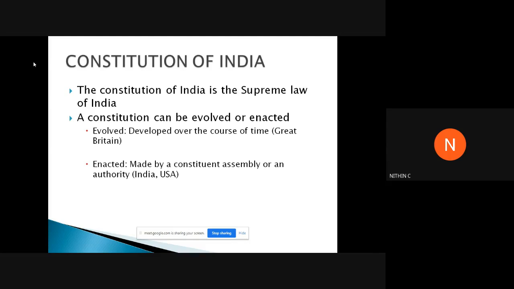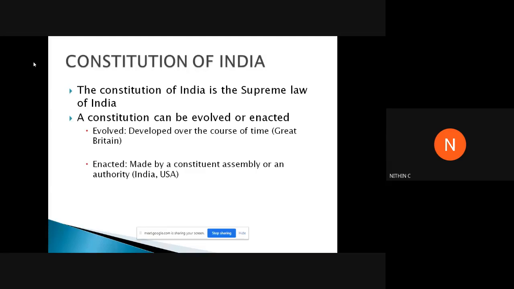That is, the contents in an enacted constitution are deliberately added all at a time. That means we added all the contents at one time, everything right at the beginning. In our enacted constitution, all the contents are deliberately added all at a time.